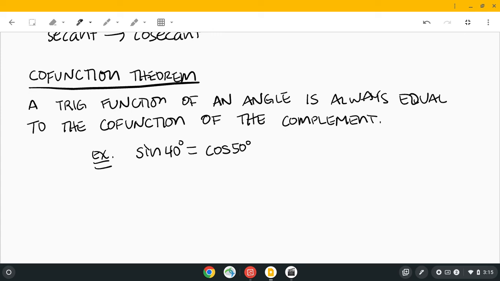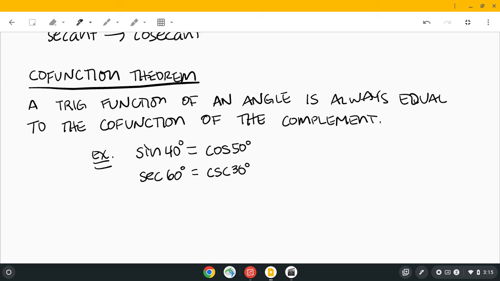Okay, if we have secant of 60 degrees, then that will be equal to the cofunction. So if we have secant, the cofunction will be cosecant. And if we have 60, the complement will be 30. 60 and 30 is 90.